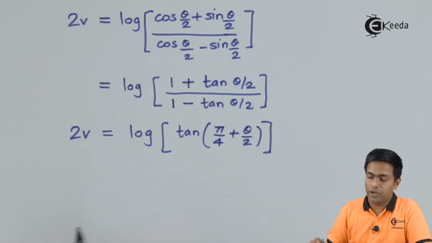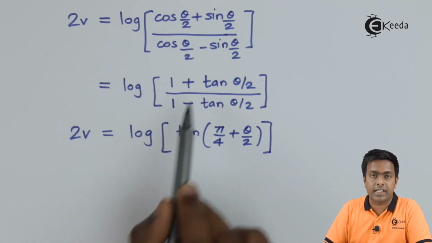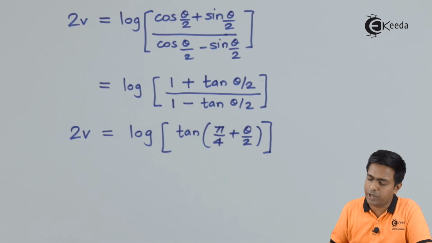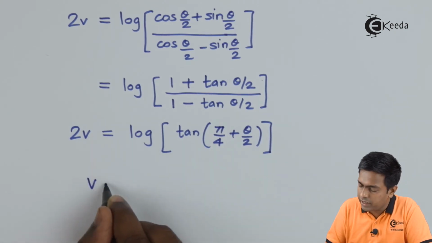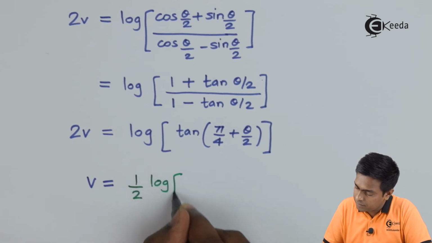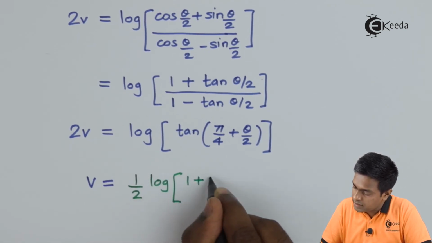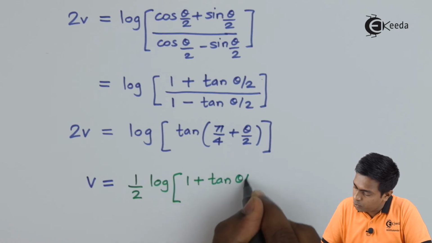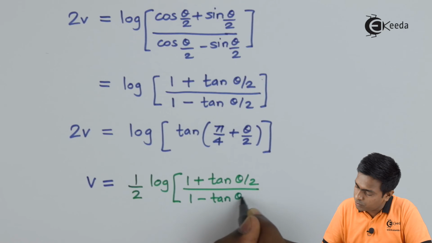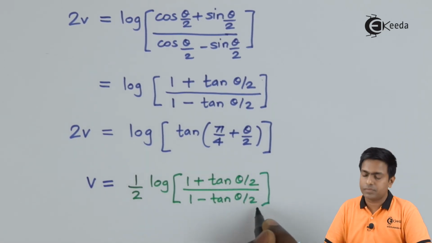So what we'll do is, here at this step, I will shift this 2 on the right hand side. So by doing that, we will get v equal to 1 upon 2 log of 1 plus tan theta upon 2 upon 1 minus tan theta upon 2.